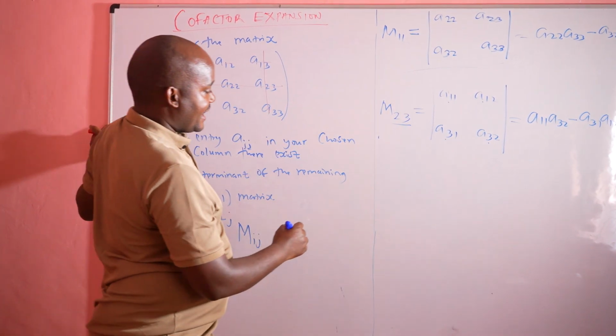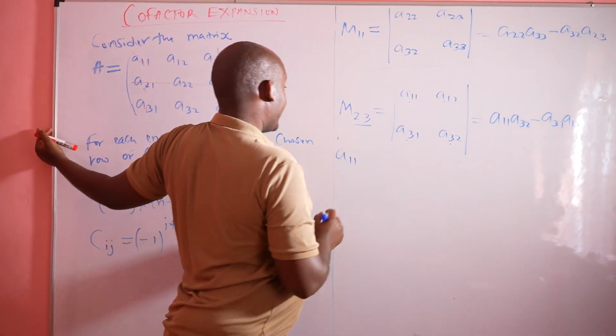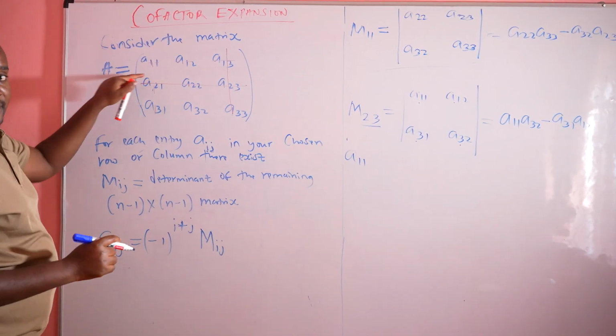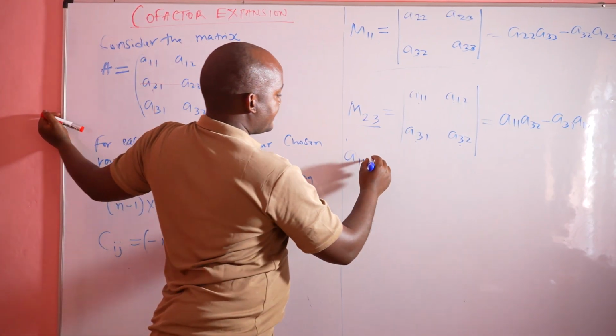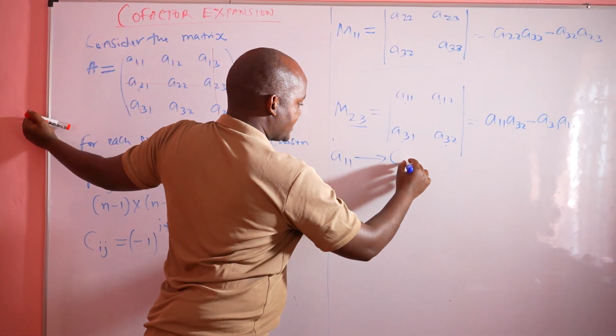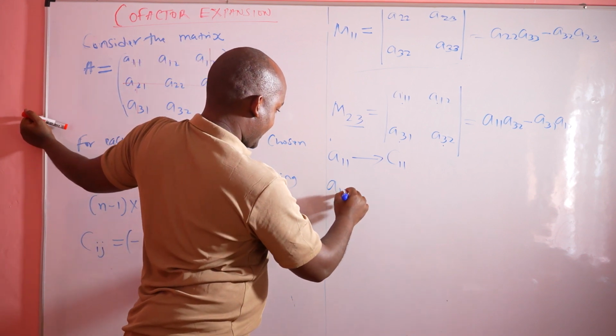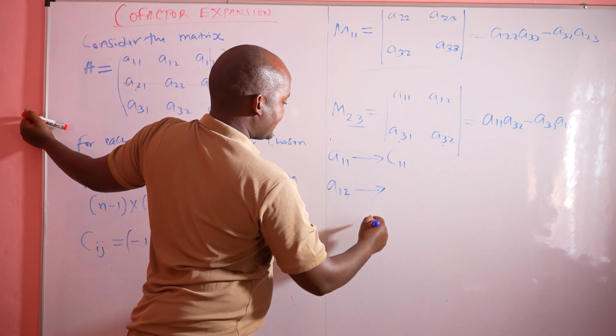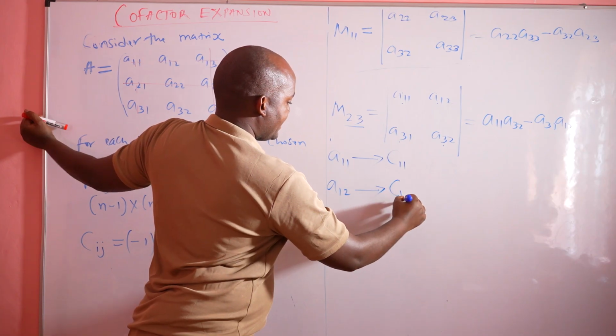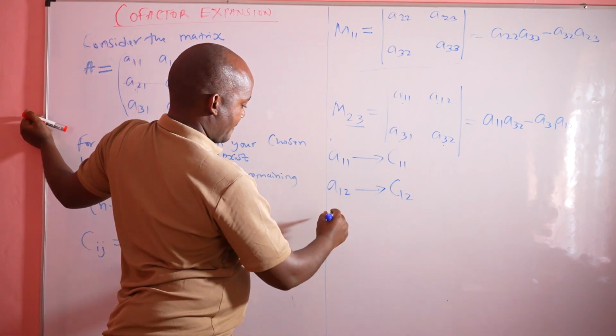So for example, if we have this entry A11, like in our matrix here, then they should give us the cofactor, which we should denote by C11. If we have an entry A12, then they should give us a cofactor that we should denote by C12.